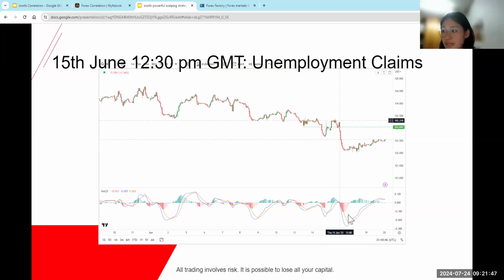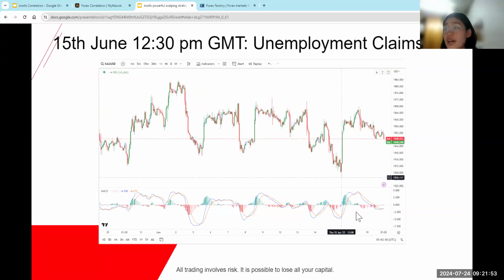You can see our MACD as our momentum indicator showing us a bearish momentum. On the other hand, we saw gold shoot up significantly, again on the 1 hour time frame and also at 12 o'clock on the same day. This links with what we mentioned earlier about how our DXY is negatively correlated with our gold.